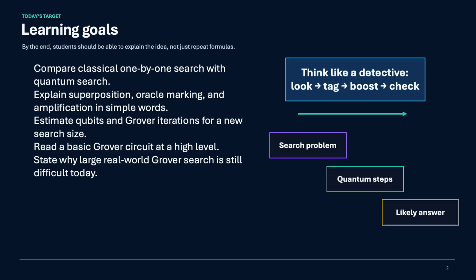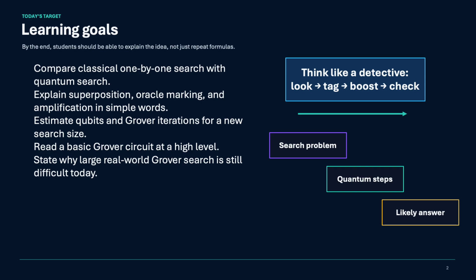Before Maya begins opening doors, she needs to understand what kind of problem she's facing. Our goal today is not simply to memorize a formula. I want you to understand the idea well enough that you could explain it to someone else. By the end, we should be able to compare classical search with quantum search, understand superposition, understand what an oracle does.